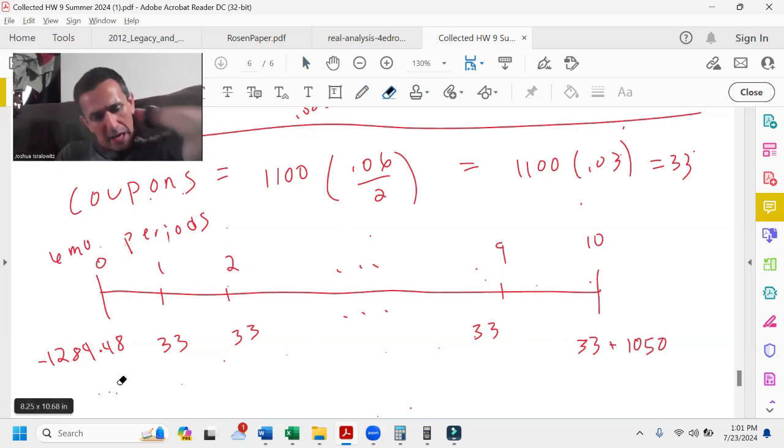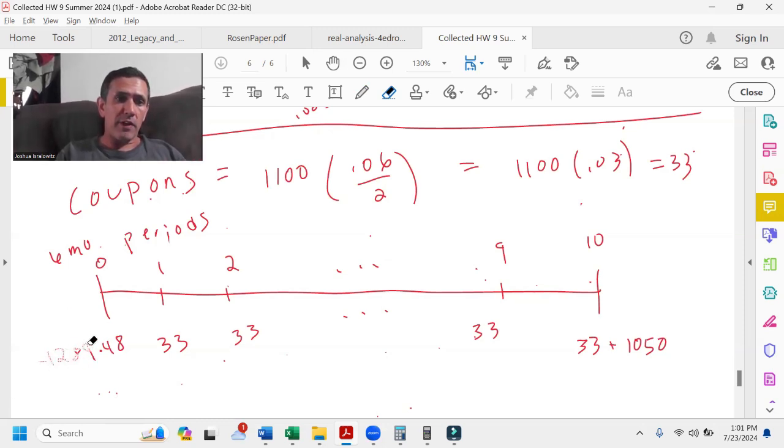If you've done cash flows before in a finance or accounting course, we're basically getting the internal rate of return of this cash flow. That's exactly what we're doing. If you've never heard of that, that's fine. Just forget what I said.